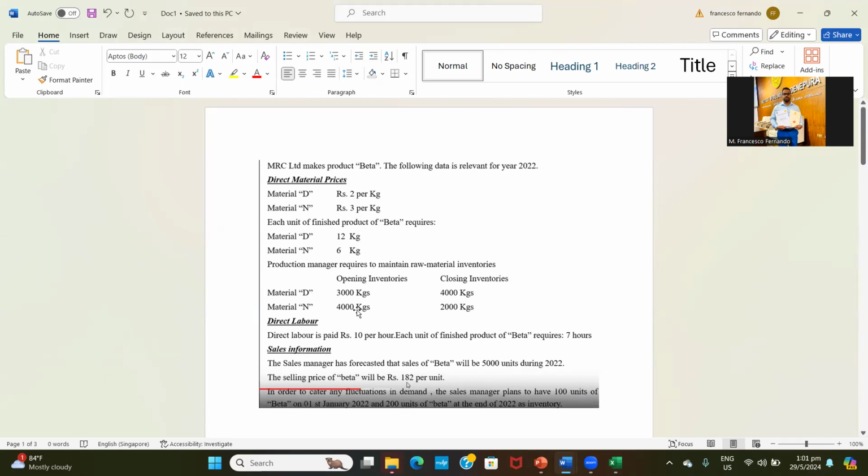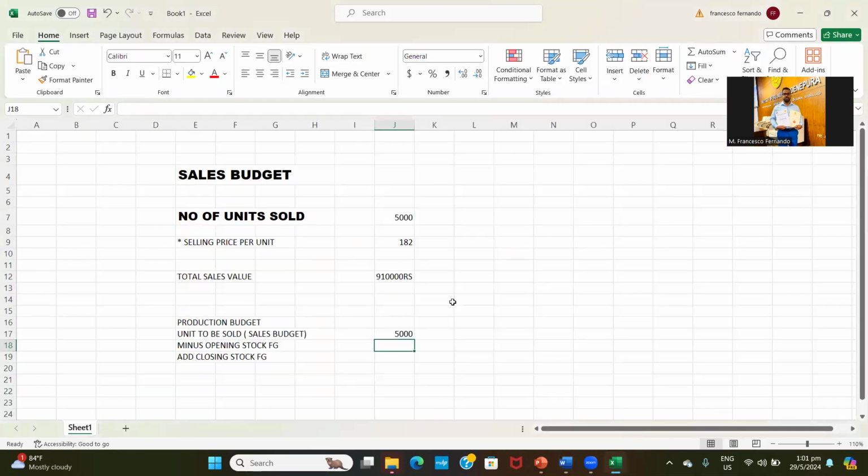These are raw materials, right? But these are finished goods. So I'll substitute the values. Opening stock is 100, so minus 100 and plus 200. So production units are 5,100.